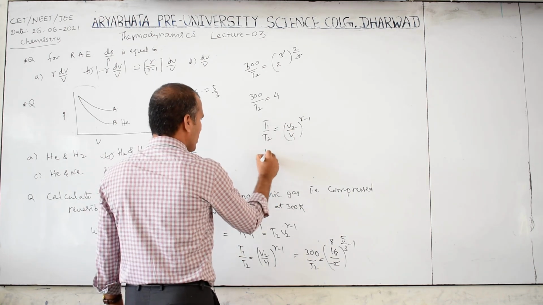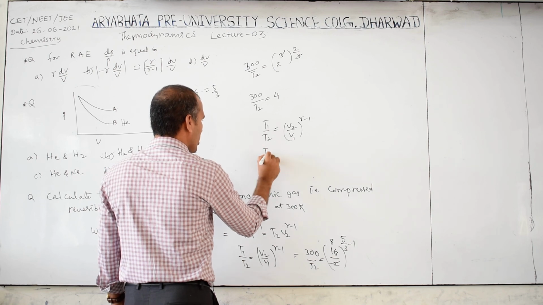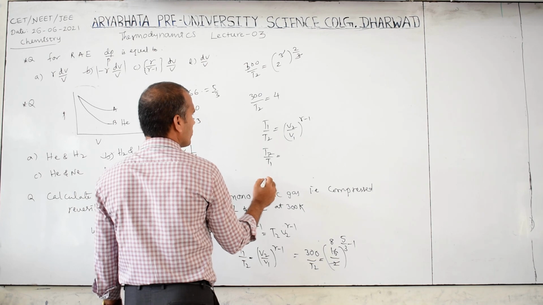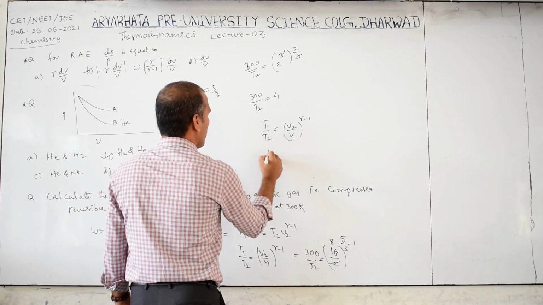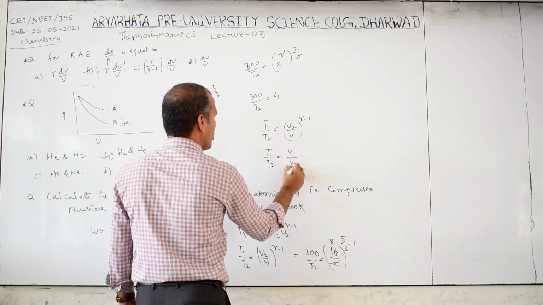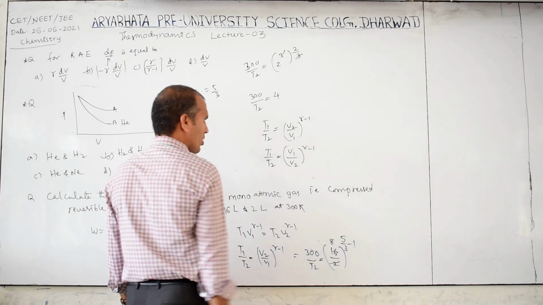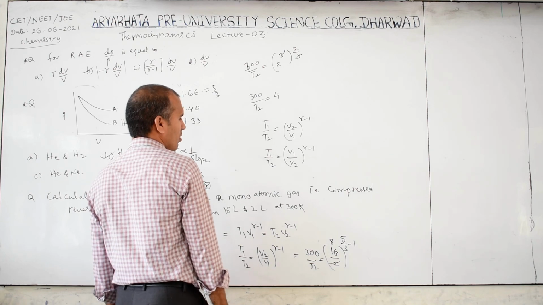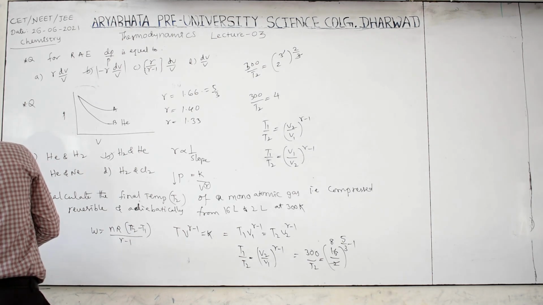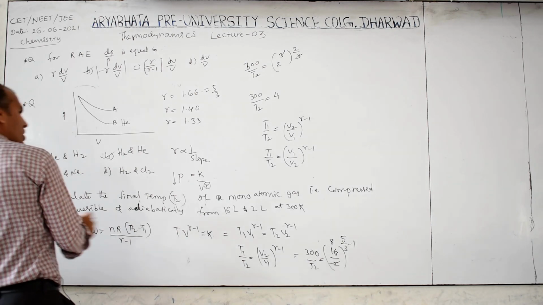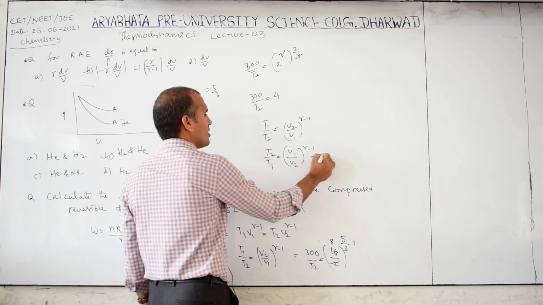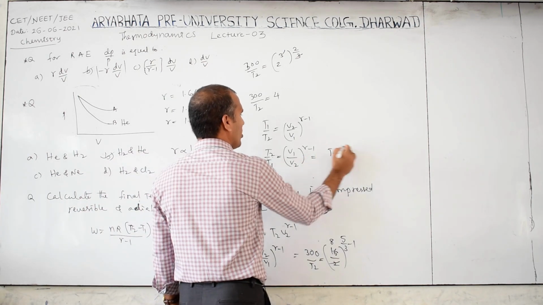If it is reversed, then T1 by T2 is equal to V1 by V2 whole power gamma minus 1. Correct? Then this will be changed. This is T2 by T1. Now you can consider T2, which we have to calculate. This is multiplied by 300.